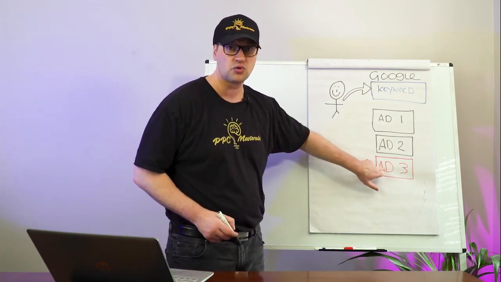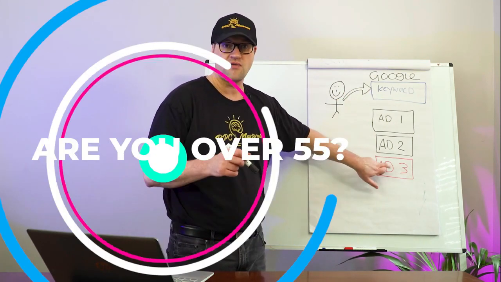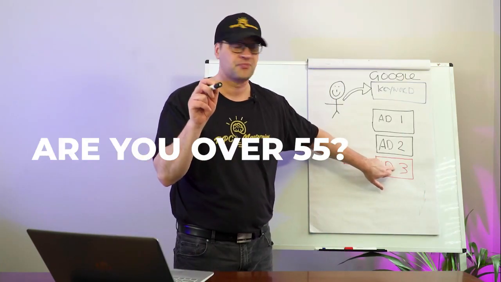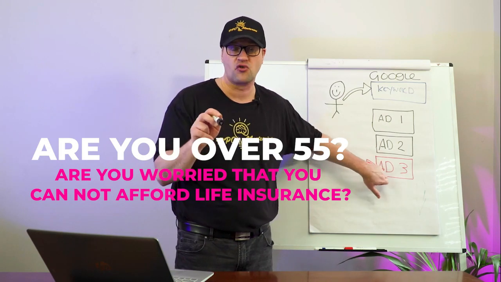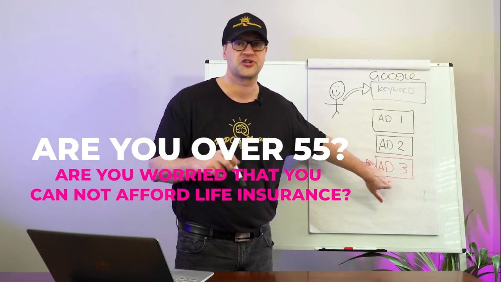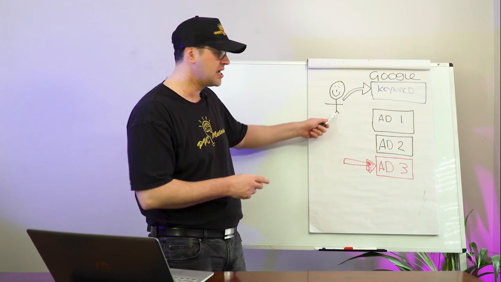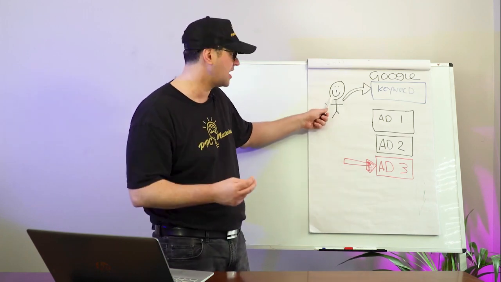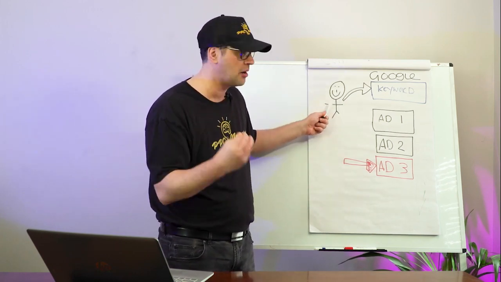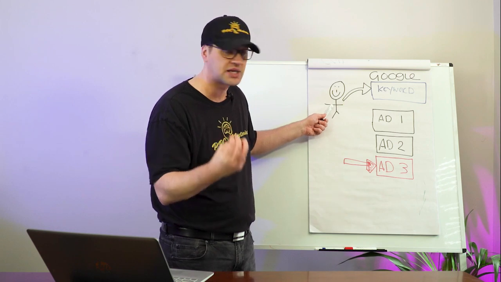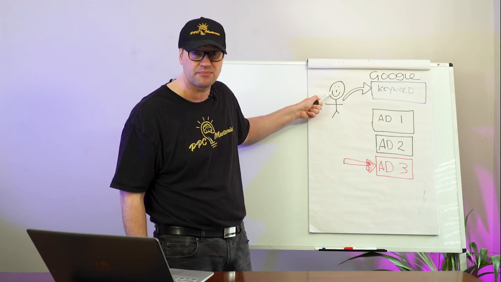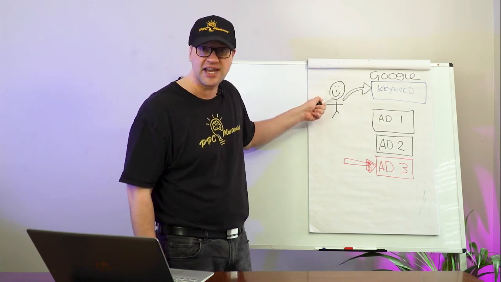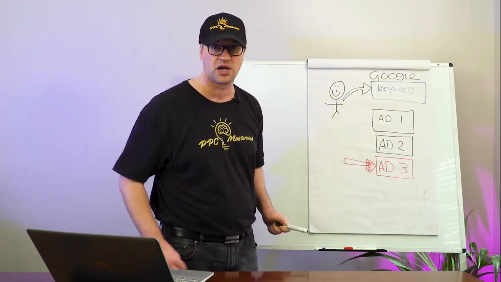In your ad, you will say, are you over 55? Question mark. Are you worried that you cannot afford life insurance or it's too expensive? Question mark. Because you know your customer, that lady is worried that she cannot buy life insurance because it's too expensive. Well, your ad has completely resonated with that person because she is worried she cannot afford life insurance.